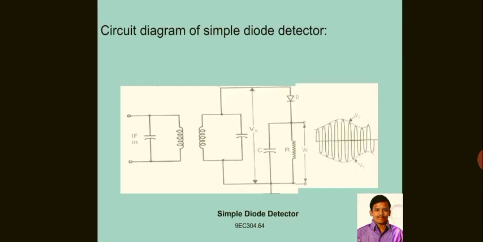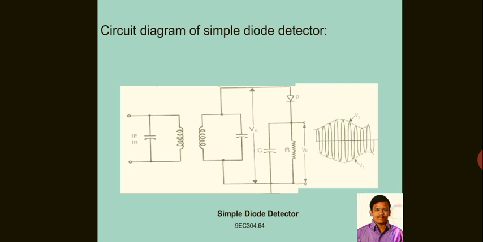Now if you look at the diagram of the simple diode detector, you may recollect the diagram of the TV receiver, in that one, after the IF stage the detector will be there. So for the detector or demodulator, the IF output from the IF stage will be the input.